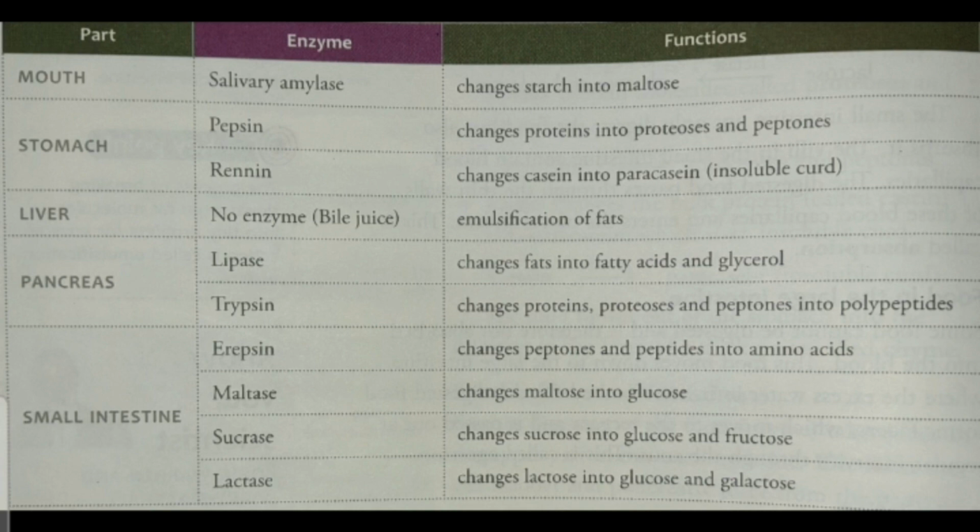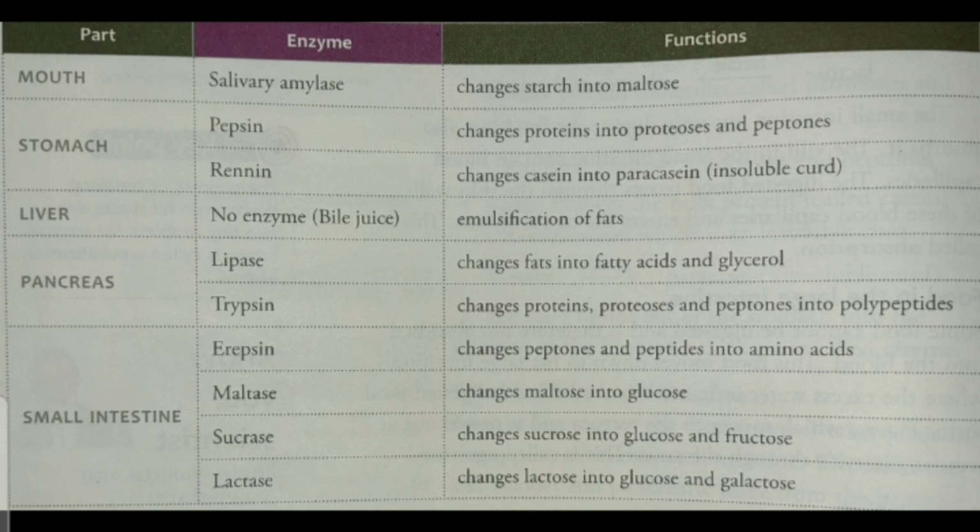Let's discuss the enzymes present in the stomach and their functions. The enzymes present in the stomach are pepsin and renin. Pepsin changes proteins into proteoses and peptones. Renin changes the casein protein into paracasein.